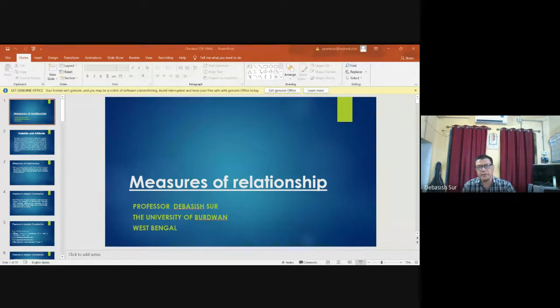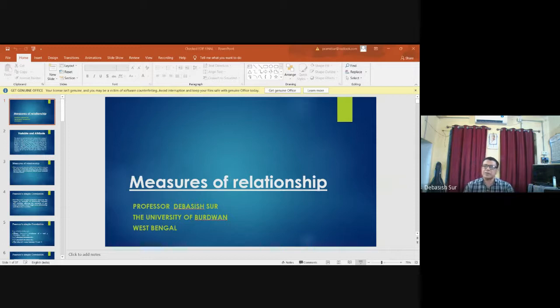One is variable and the other is attribute. We all know that any quantitative character, which is stated or measured numerically, is called variable. On the other hand, any character which cannot be measured numerically is called attribute.